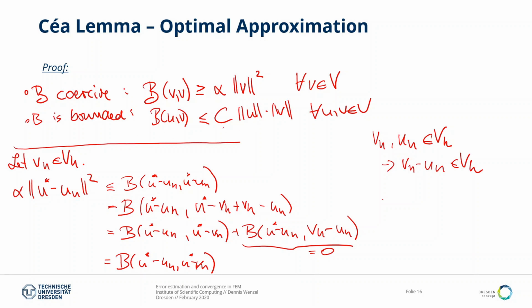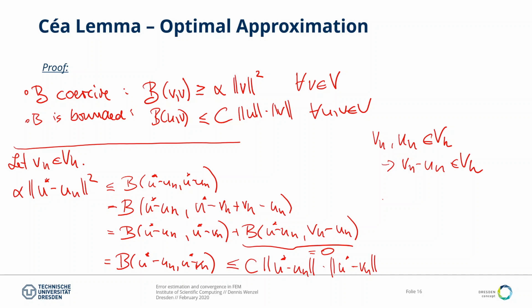Now I can also use the boundedness. The boundedness was usable for two different arguments. I'm keeping the direction of my estimate because this was less or equal, and I'm now again writing less or equal C times the first argument, u star minus UH, times the second argument, u star minus VH.